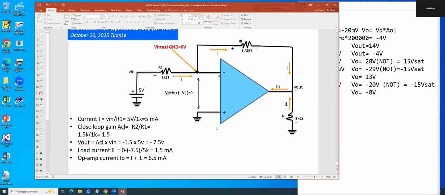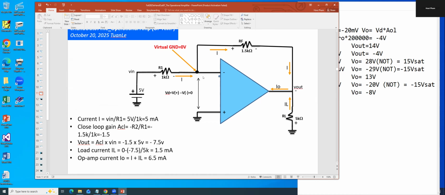Okay, any question on this one? You know, that's why the name is inverting amplifier. The reason is the input is applied to the negative, inverting input. And if you're looking at this circuitry, you have to know how the current flows.